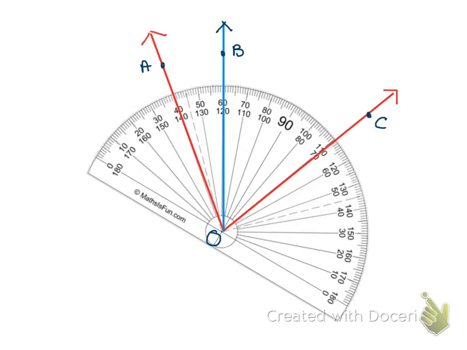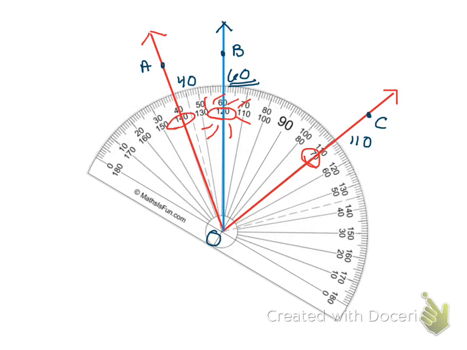So we have ray OB being between ray OA and OC as long as its coordinate, which in this case is 60, is between the coordinates of the other 2 rays. And in this case it is. 60 is between 40 and 110. Even if I use the other numbers associated with this, the 140, the 120, and the 70, you can see that the 120 is still between 140 and 70.